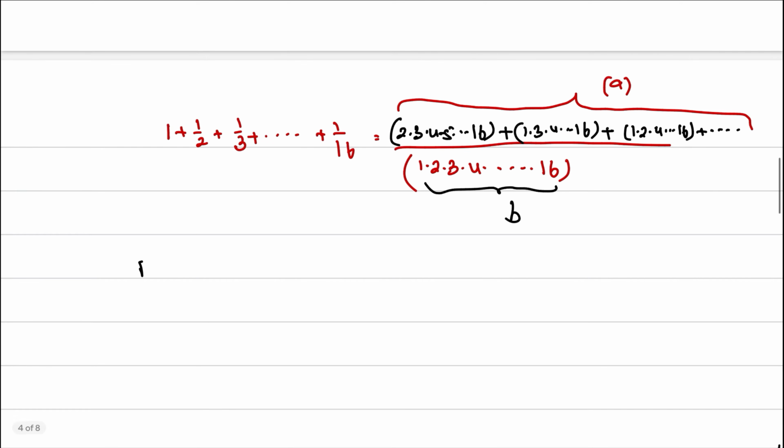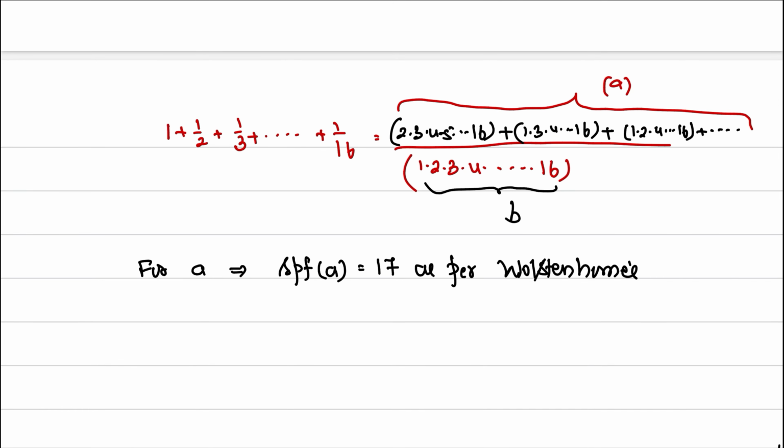For A, we have already found the smallest prime factor of A is equal to 17 as per Wolstenholme's theorem. Then B is an even number because it is multiplied by even values.